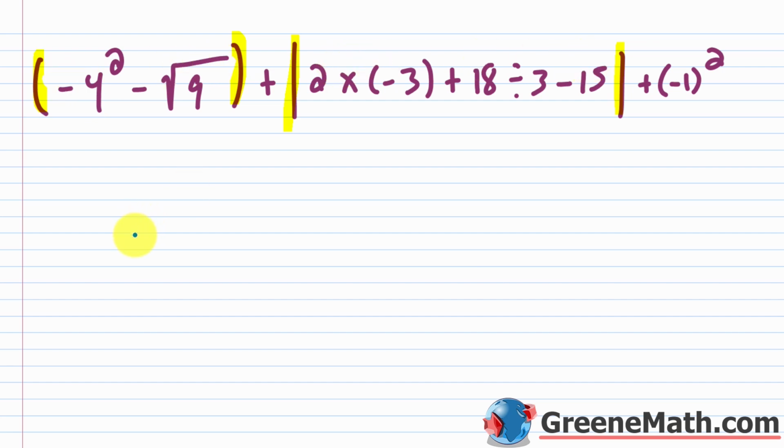So inside the parentheses, you have the negative of 4 squared minus the square root of 9. So what is done first? Well, in this particular case, you have an exponent operation, and then you have a square root here. I told you those are the same priority level. So it really doesn't matter if I do this one first or this one first. I'm going to basically do each one of these operations before I do this subtraction.